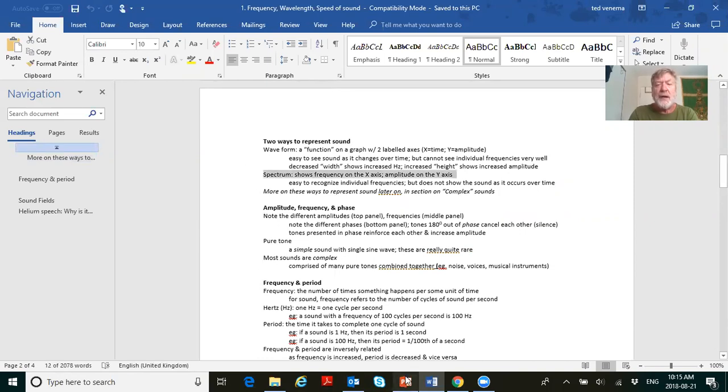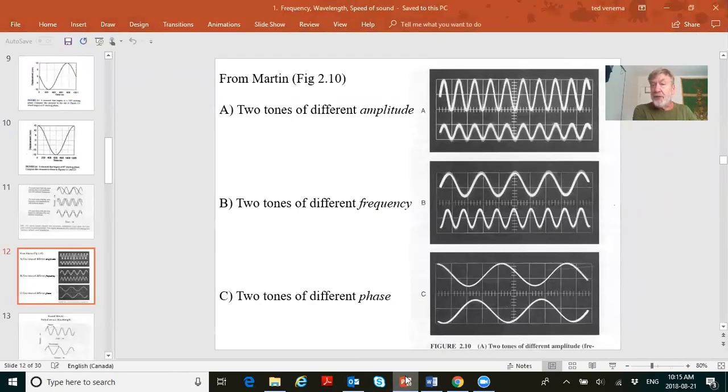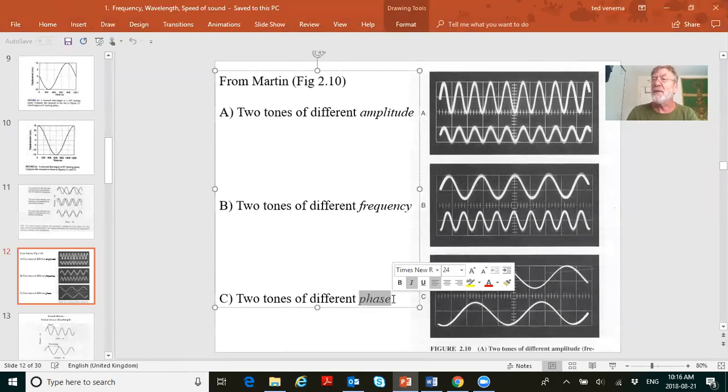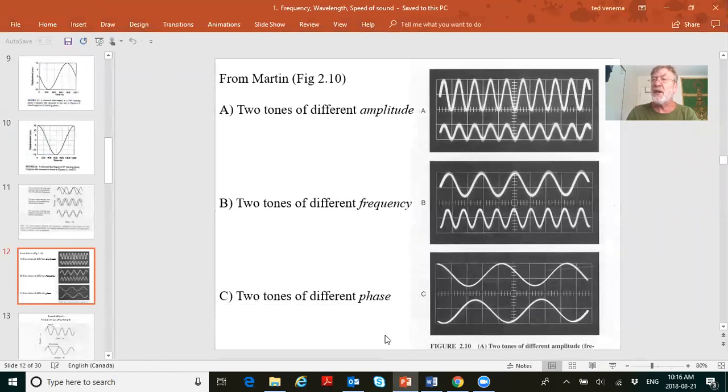And I'll show you the PowerPoint here. We're doing well. This is good. The bottom two waves differ in terms of time or phase. Okay? Phase means time. Time means phase. All right. So these bottom two waves, they have the same amplitude, they have the same frequency, but you know what?